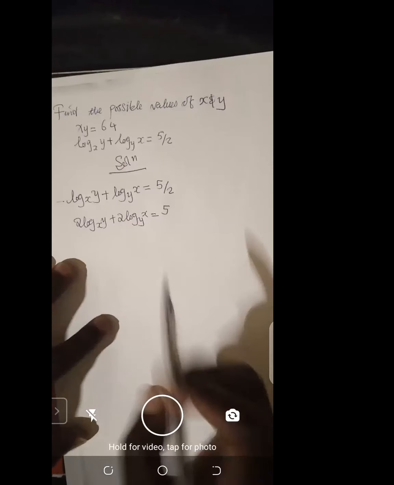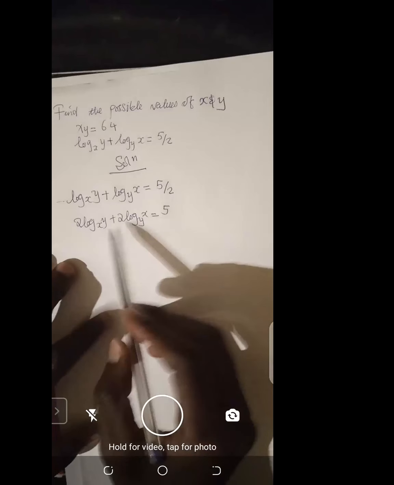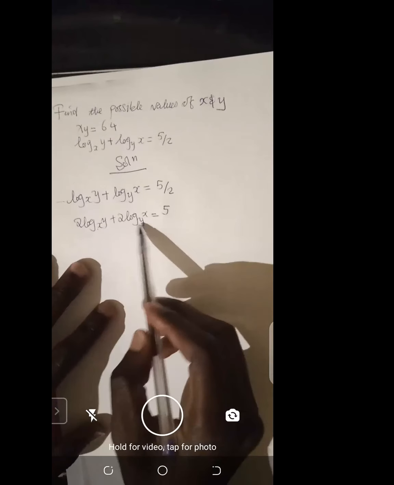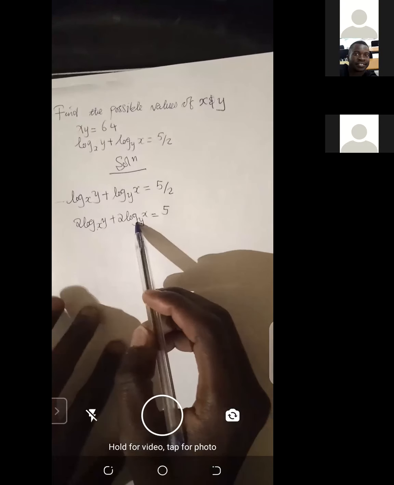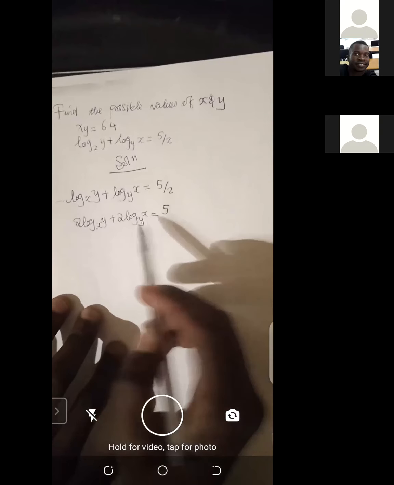You notice there's a difference in bases. So you try to convert one base to a base that is going to be similar to the other one. How do you do that? You have a rule for this as well.